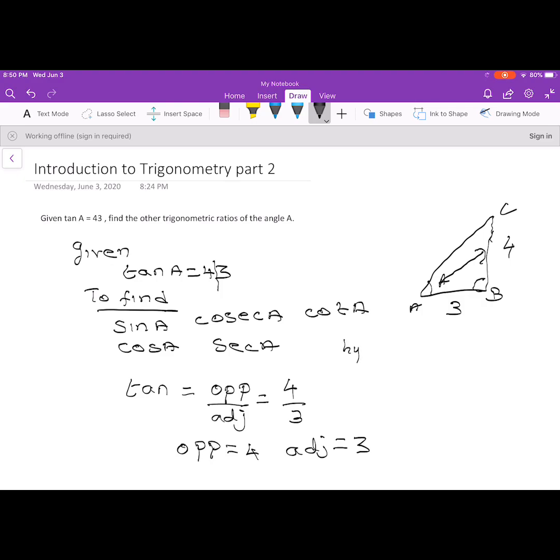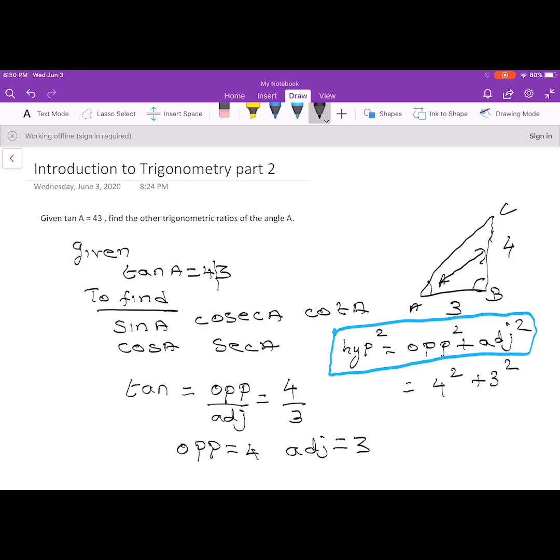You know the hypotenuse square equals opposite square plus adjacent square. This is our formula. What is the hypotenuse here? We don't know, so we have to find out. Opposite is 4 square and adjacent is 3 square. 4 square is 4 multiplied by 4, that is 16, and 3 square is 3 multiplied by 3, that is 9.